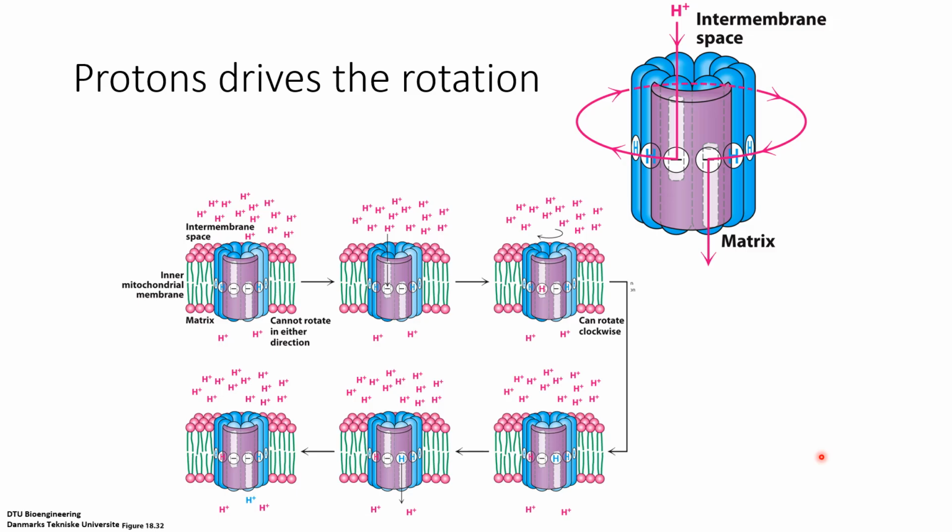Another way, so how is it then driven? What is the way to show how it is driven? So what you have to imagine is you have this membrane part here. This purple part is part of the stator. The proton comes in, the positive charge.